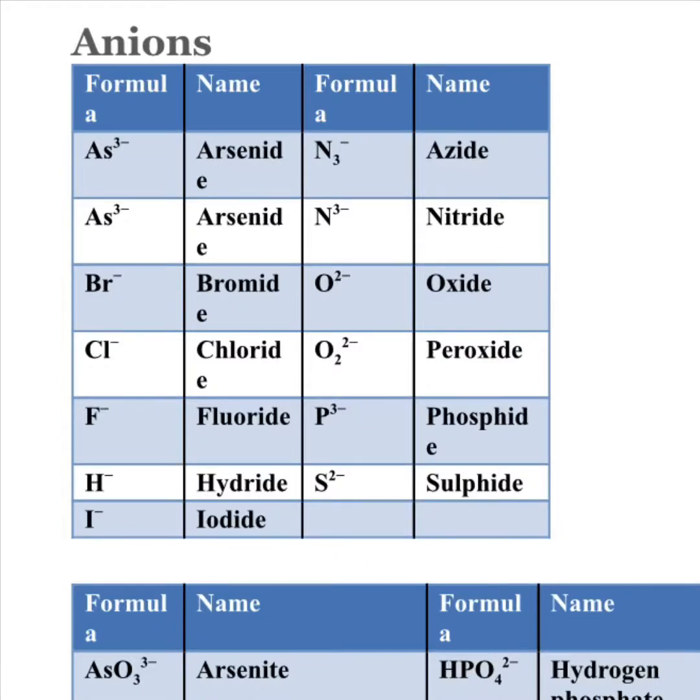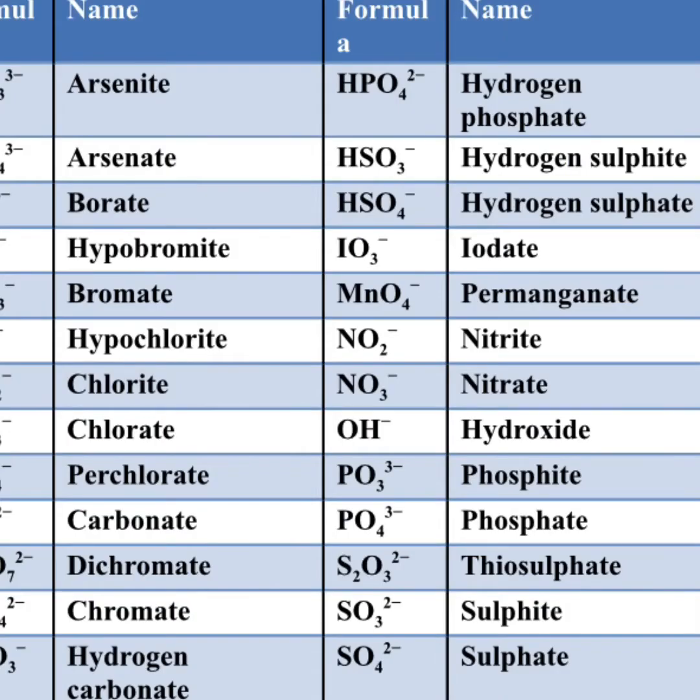Now this table is for anions: arsenide As3-, bromide Br-, chloride Cl-, fluoride F-, iodide I-, hydride H-, sulfide S2-, phosphide P3-, nitride N3-, oxide O2-, sulfate SO4 2-, phosphate PO4 3-, hydroxide OH-, nitrate NO3-, nitrite NO2-, iodate IO3-, hydrogen sulfate HSO4-.